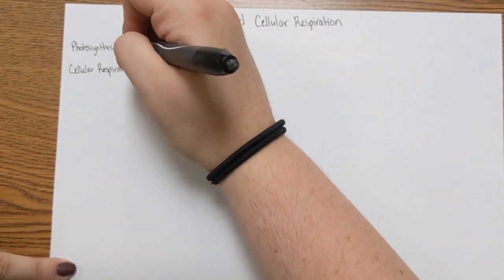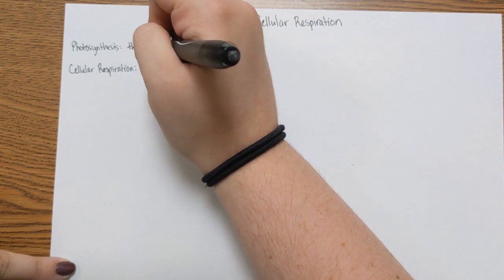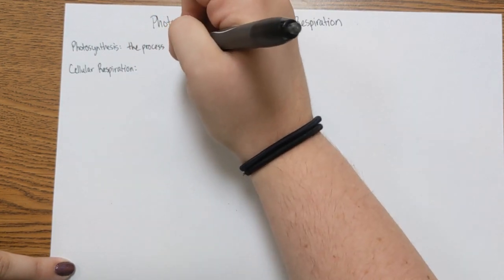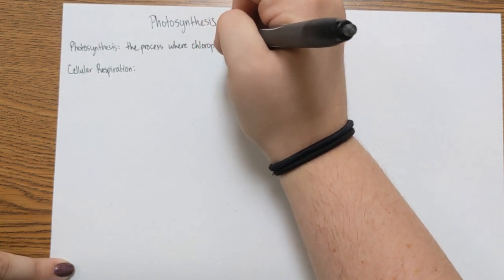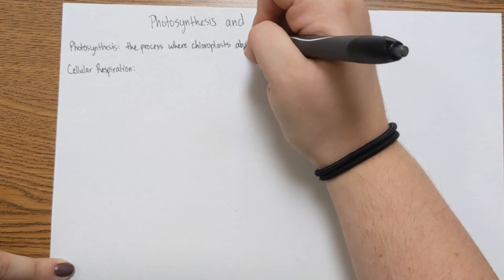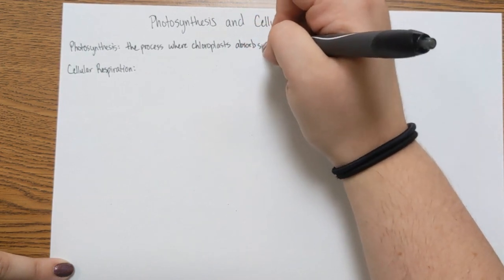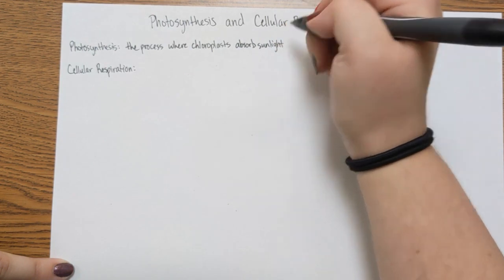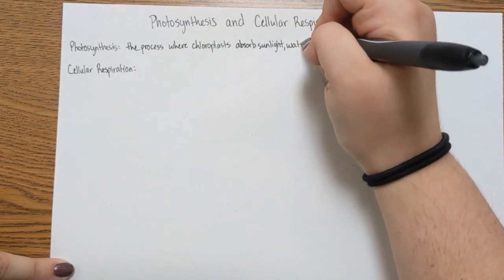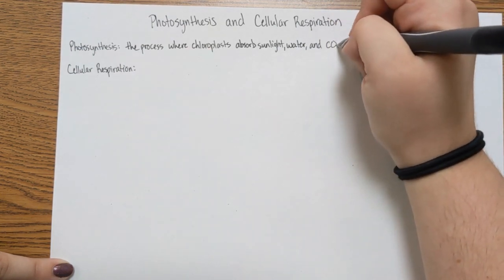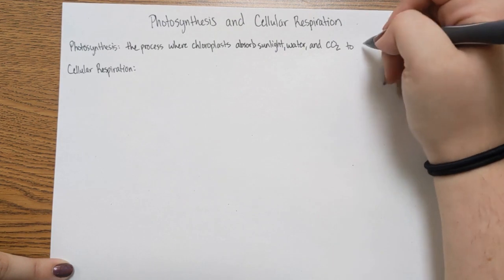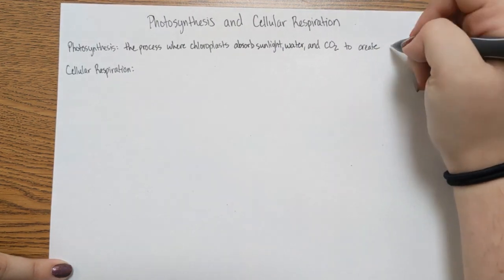So first off, what is photosynthesis? That is really important for us to know. So photosynthesis is the process where chloroplasts absorb sunlight, water, and carbon dioxide, so this is CO2, to create sugars.